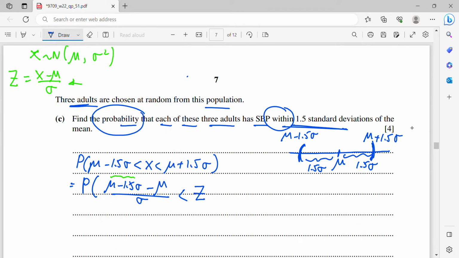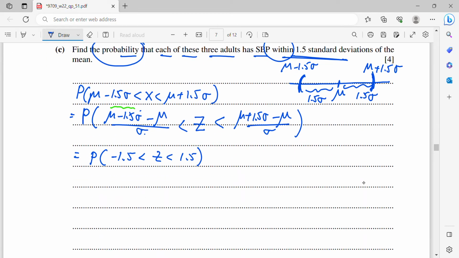So the middle will be Z, then the upper value will be the x value minus mean over standard deviation. When you simplify this, the mu will be cancelled off. The negative 1.5 sigma over sigma becomes negative 1.5. Same goes to the positive part, it will be positive 1.5. So basically we don't need the mu and sigma value because they will be cancelled off.